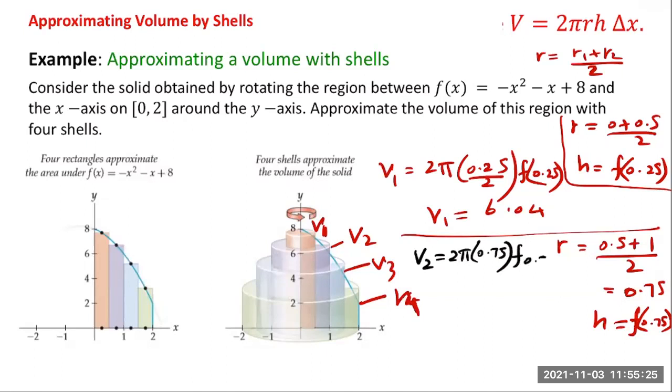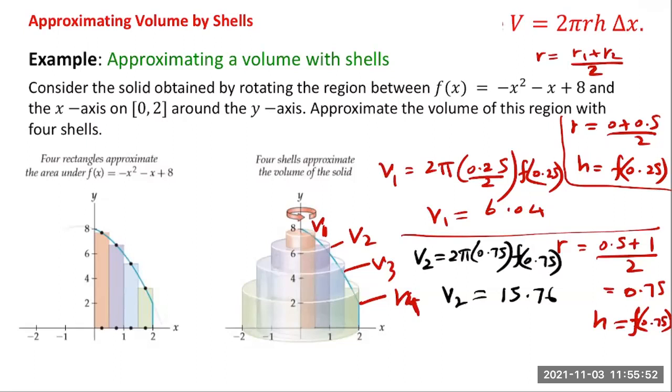Sorry, I'm running out of space there, but you can find this volume. You can find F of 0.75 by plugging 0.75 in your function. If you find this, you should get 15.76. That's the volume of the second shell.